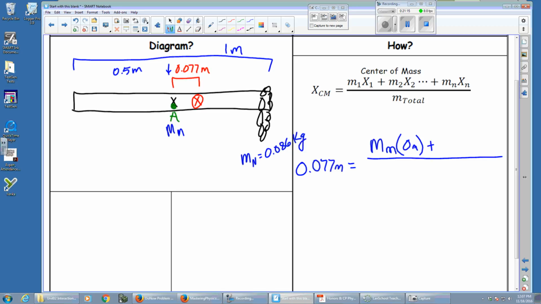And then the second object would be our necklace. Its mass, 0.086 kilograms. How far is its center of mass from point A? I heard someone. 0.5 meters? Because A is in the center of the meter stick, and the necklace is on the end.